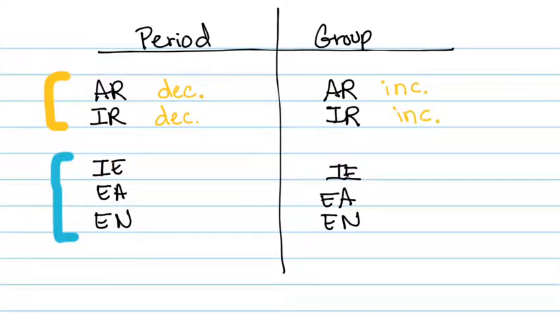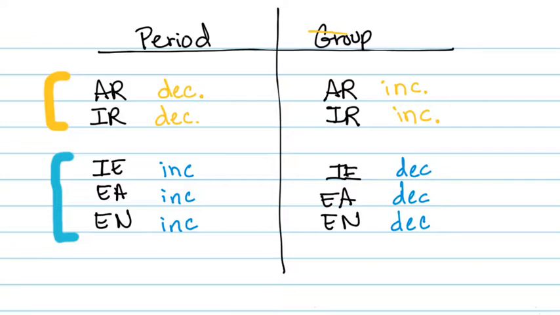And for the ionization energy, electron affinity, electronegativity, all of those increase as you move across the period, and they decrease as you move down the group. So this should be super easy memorization. Make sure that you get all of this memorized so that you can apply it.